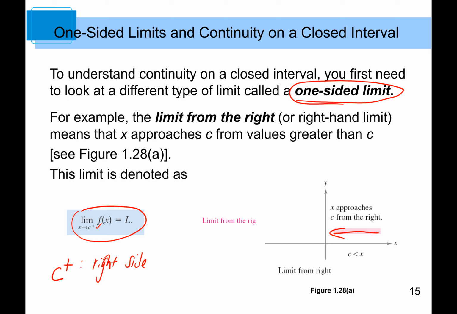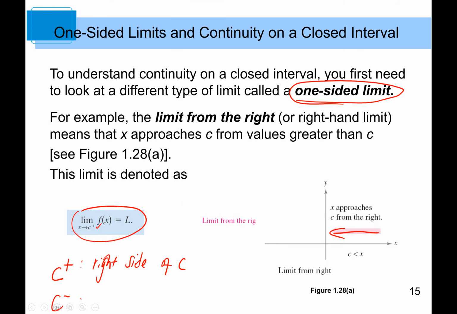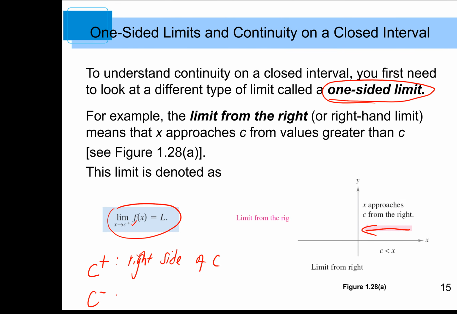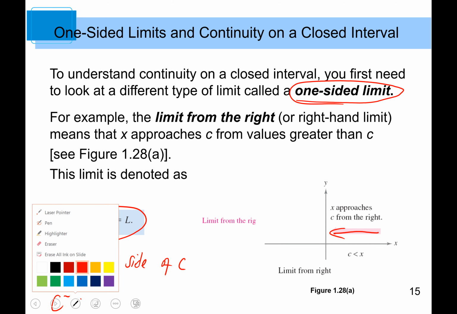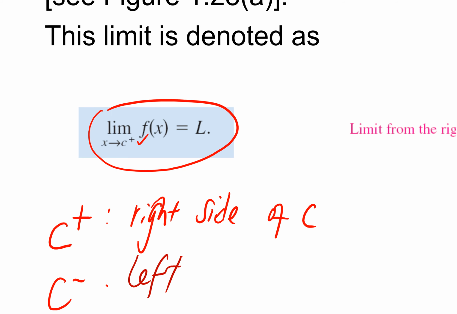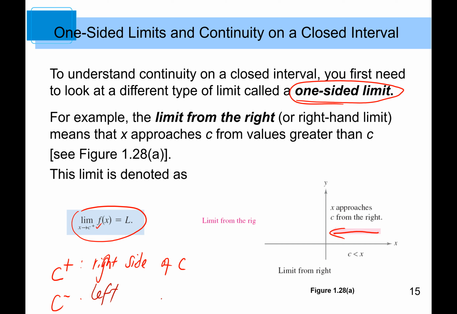C plus means right side of C. C minus means left side of C. That's what C minus means.